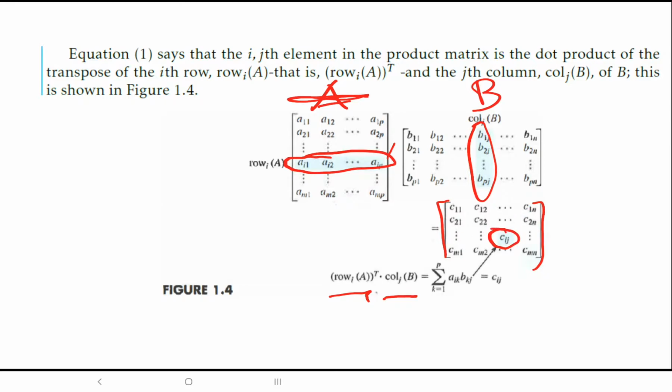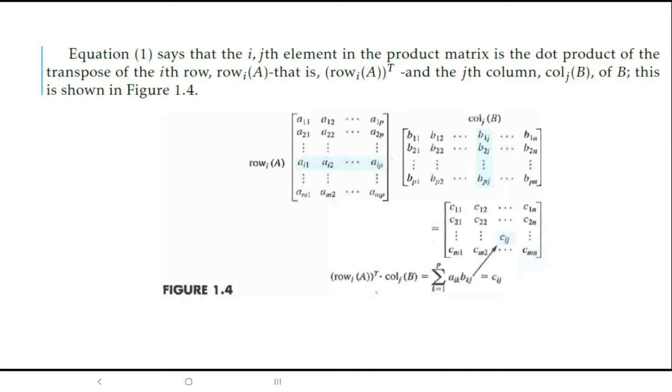Okay, basically, para makuha mo yung matrix product natin, you have to do a series of dot products. So, para makuha natin si C11, kailangan natin i-dot product yung first column ni B at saka yung transpose nung first row ni A. Ganun natin makuha si C11.